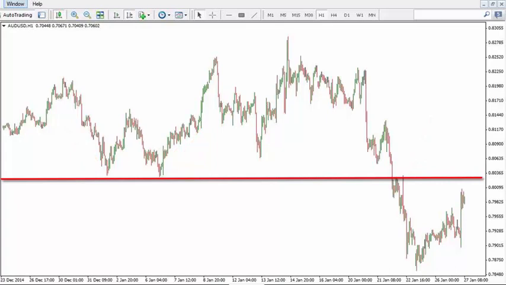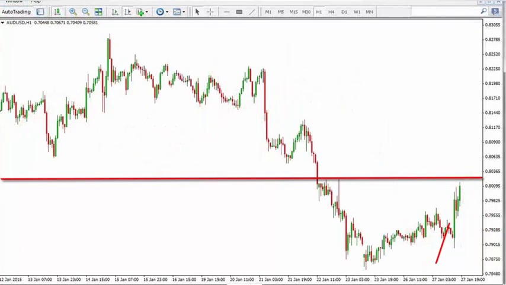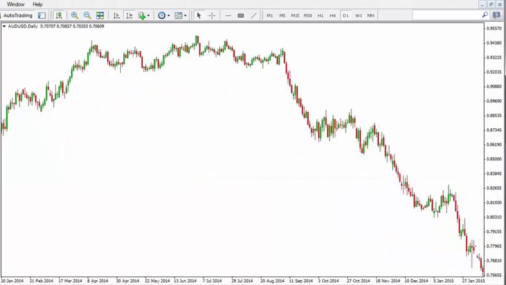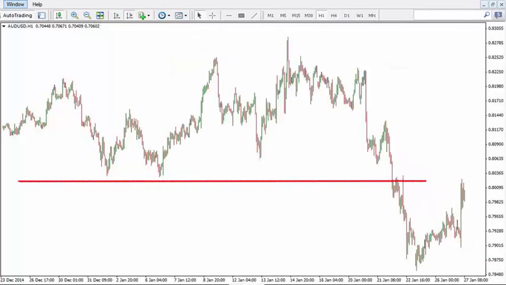So if price comes and visits this level again, we will look for a sell opportunity. And here price moves up and it's right here at this resistance level, exactly what we want. Now this gives us 2 points of confluence. You have the downtrend on the daily chart, which is confluence point number 1, and you have the strong resistance level here, which is confluence number 2.